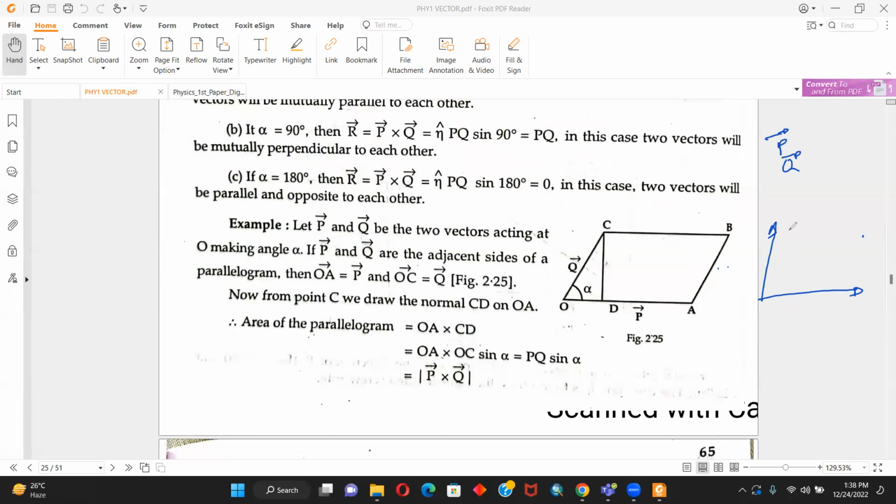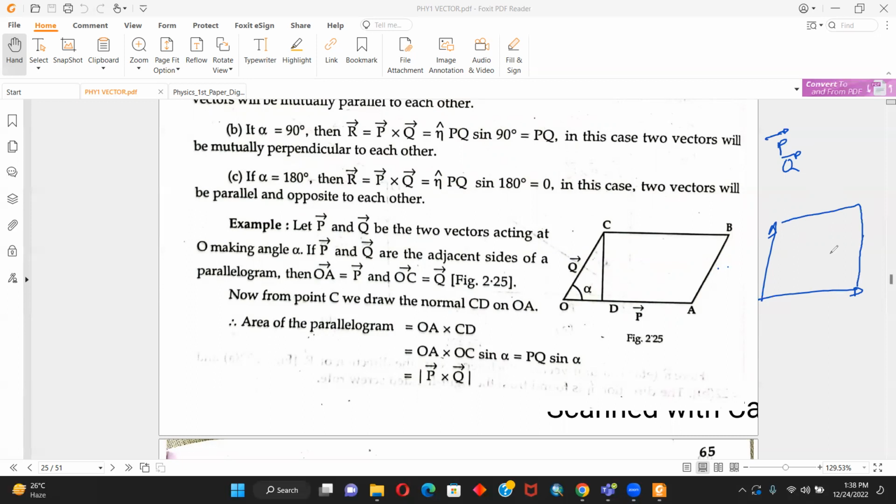You might as well directly calculate the area of that parallelogram. Maybe there would be information given to you to calculate the area of the parallelogram, and you could say that it will be the cross product of these two vectors.